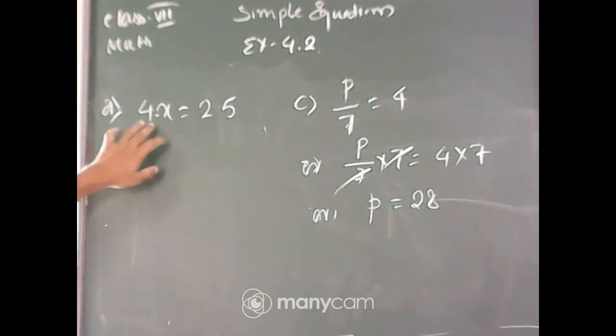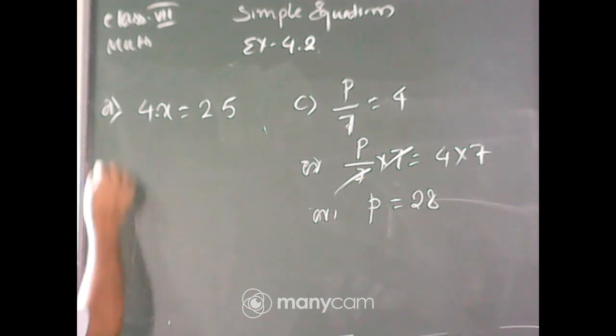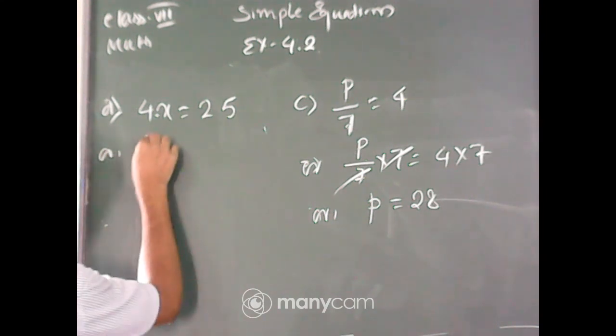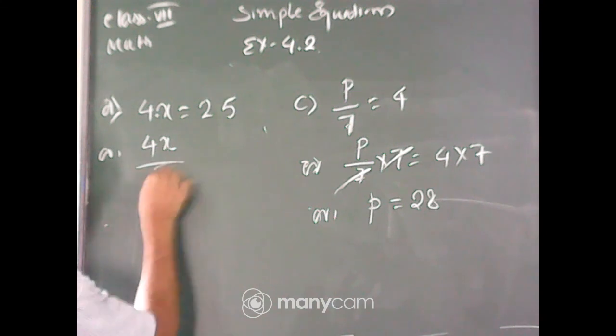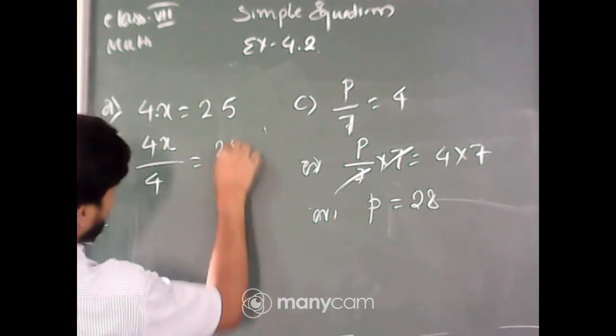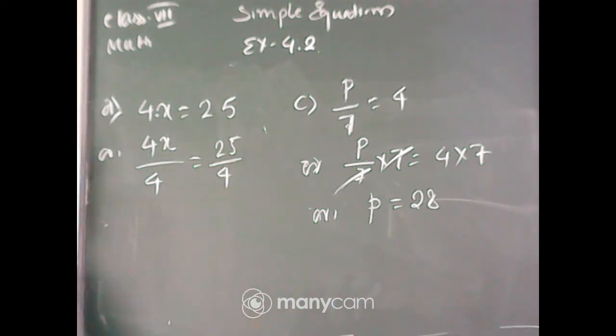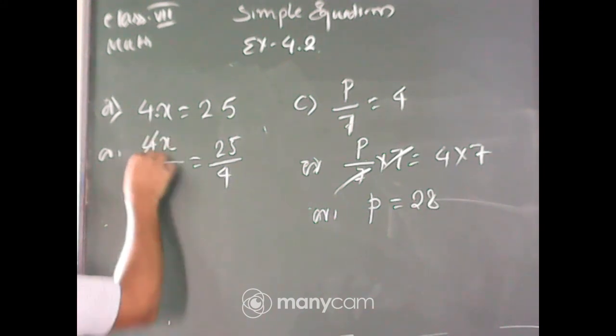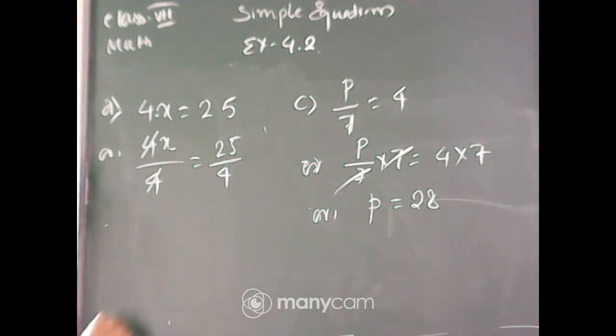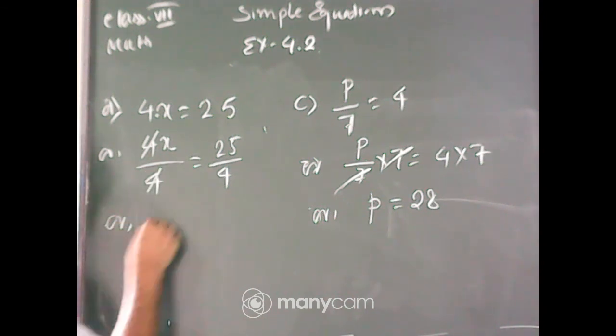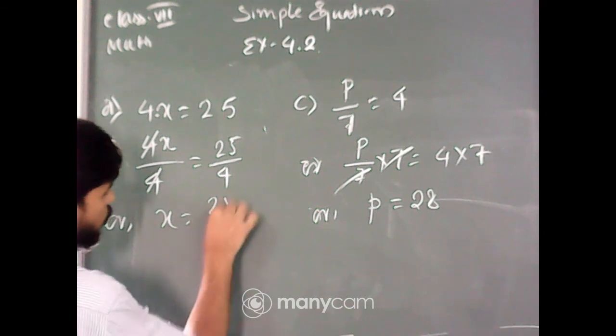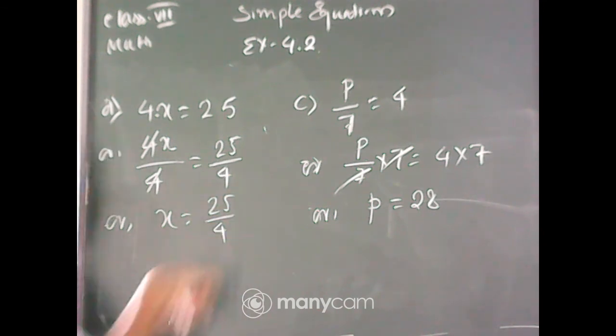So to remove this 4, we have to divide both sides by 4. So dividing both sides by 4, we have 4x by 4 is equal to 25 by 4. Now, look, this 4 and this 4 will cancel each other. That means the value of x will be 25 by 4. 25 by 4 is the solution of the given equation.